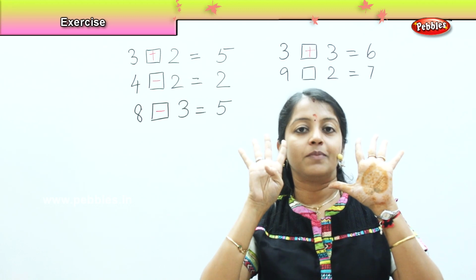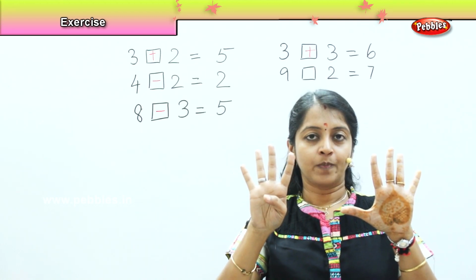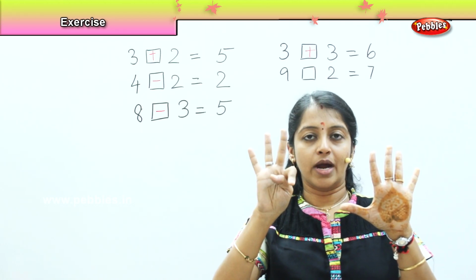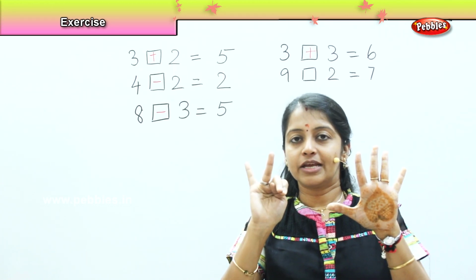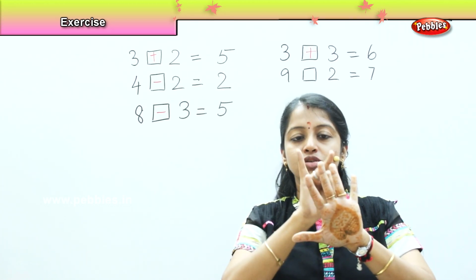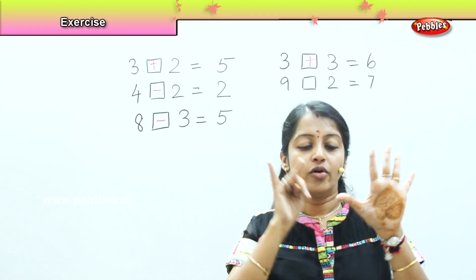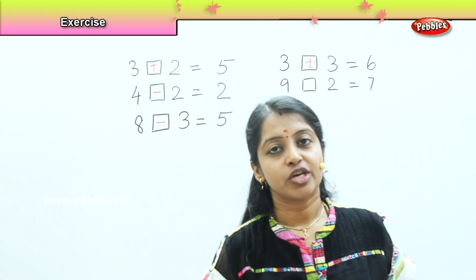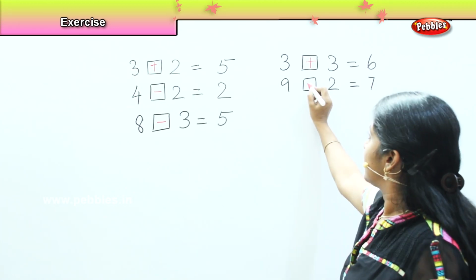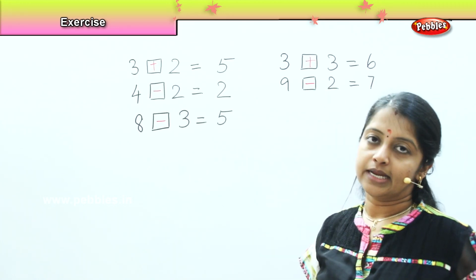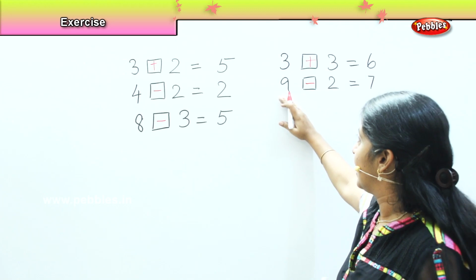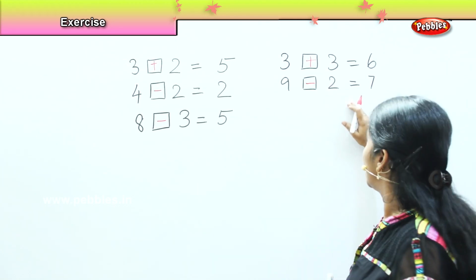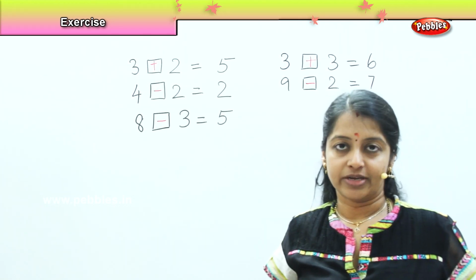Same thing, if I keep 9 fingers in my hand and I reduce 1, 2, what is the answer left? It is 1, 2, 3, 4, 5, 6 and 7. Which means what should I do here? I need to put here a minus sign. Which means that 9 when reduced by 2 will give me the answer 7.